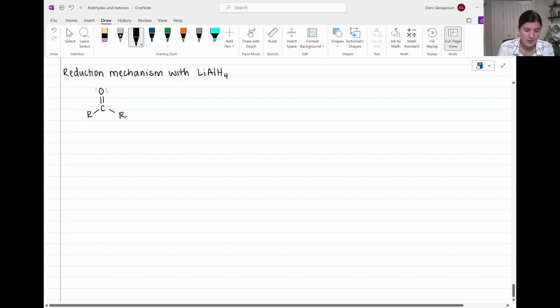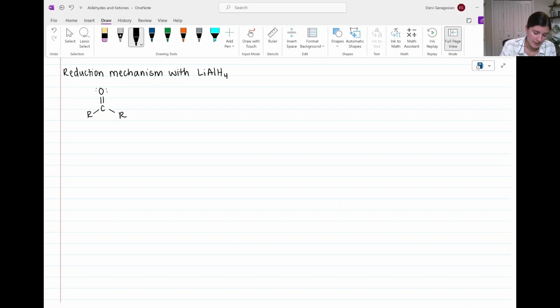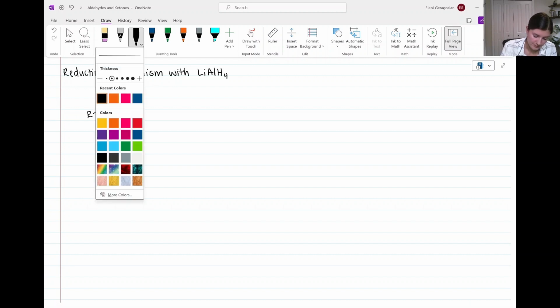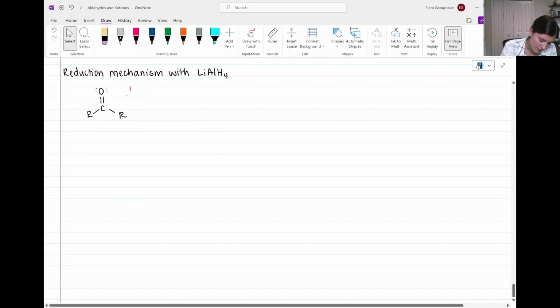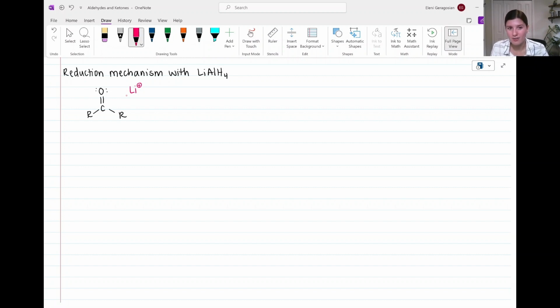We have lithium and the aluminum hydride anion. The lithium being present in solution with a positive charge, that's an open shell, lithium lost an electron. The lithium coordinates, this is not really a formal bond, but it's a coordination between oxygen and lithium.